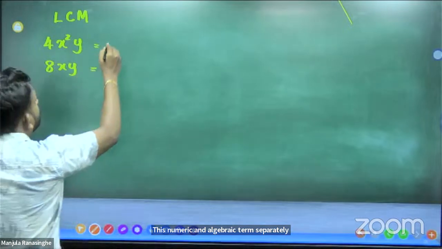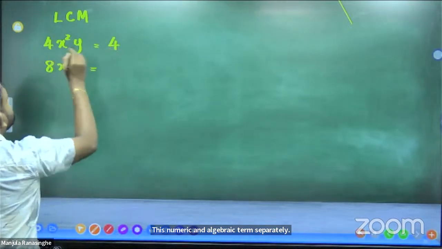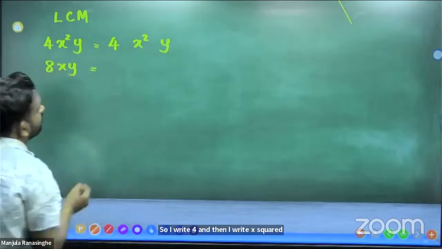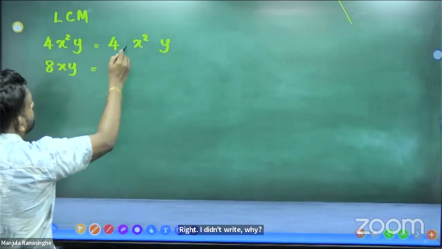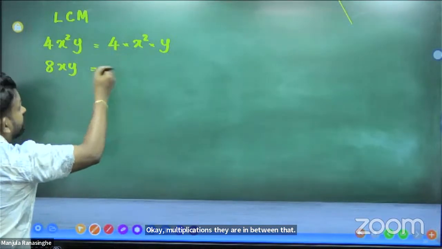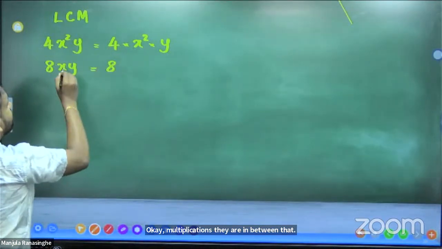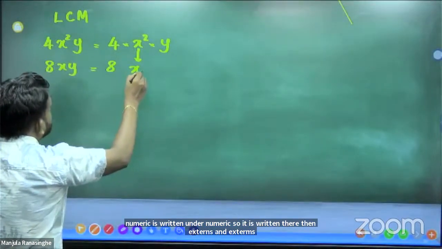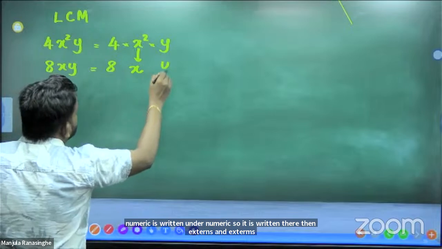So I write 4 and then I write x squared, and write y, with multiplications in between. Then numeric is written under numeric, so 8 is written there. Then x terms under x terms. You align the same terms under each other, x with x and y with y.